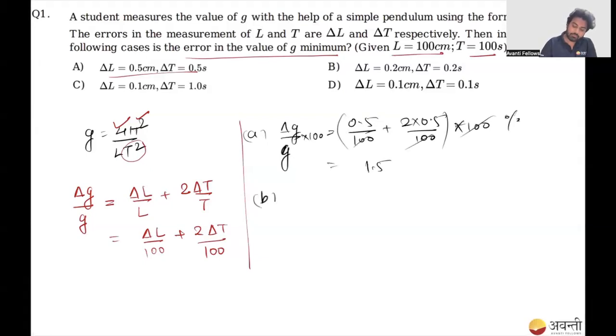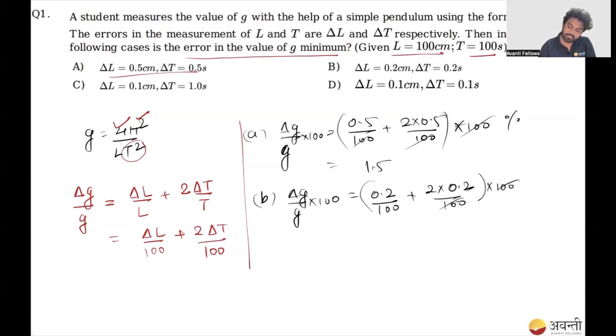Similarly, if I calculate for option B, bachcho, what we'll get? Again length is 0.2 upon 100 plus 2 into 0.2 upon 100, into 100. So it is 0.2 plus 0.4, that is 0.6. Similarly for option C, I'm writing it directly. You can do it directly also.